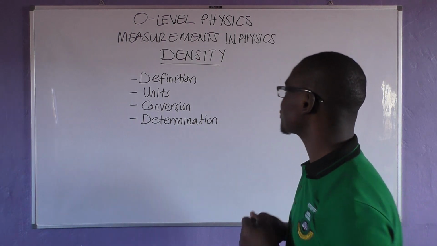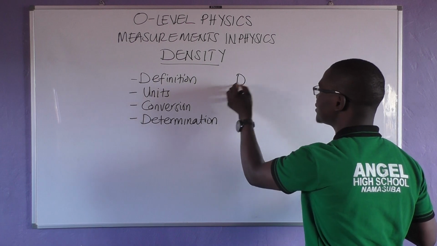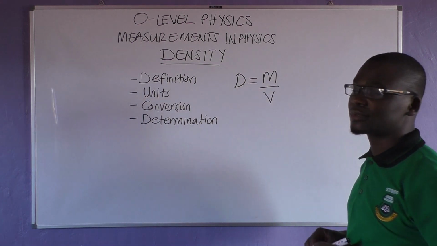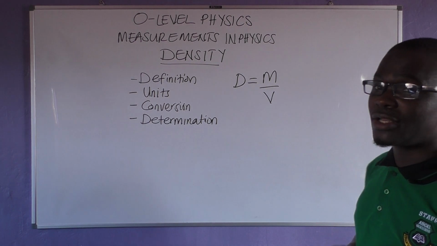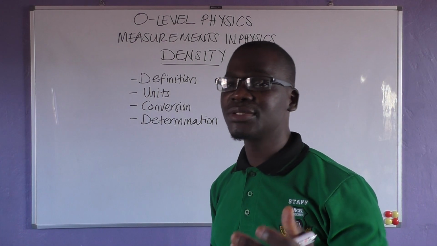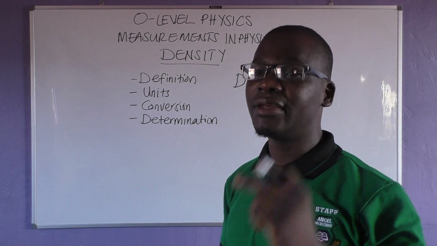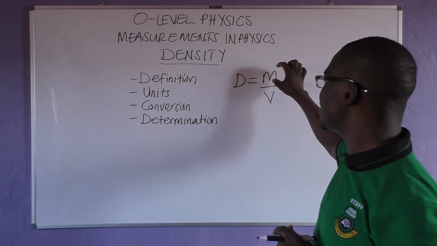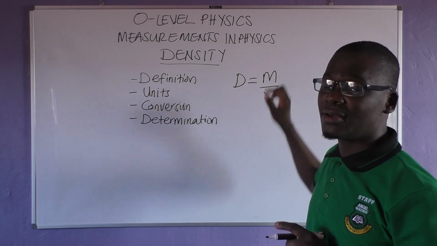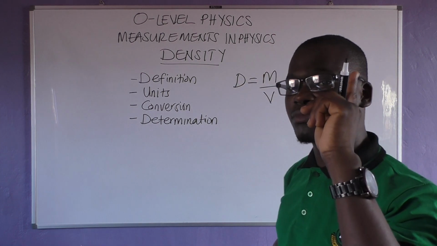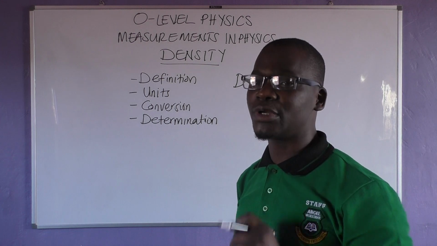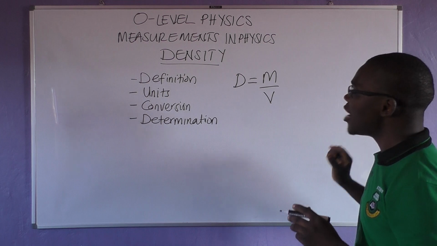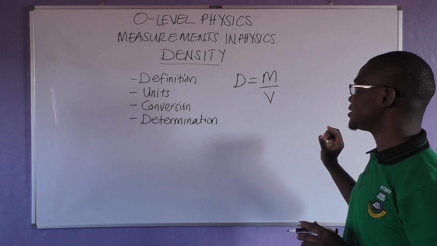That is, we say that density is equal to mass over volume, because the word per means divided by. Then unit means one. So we are going to divide the mass of the body by one unit of volume.